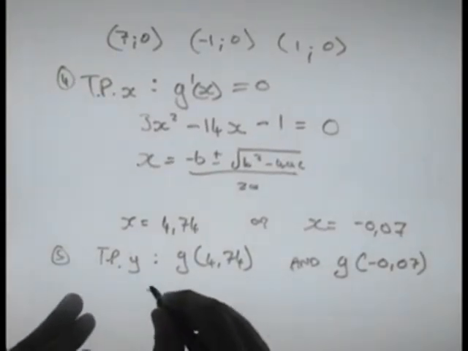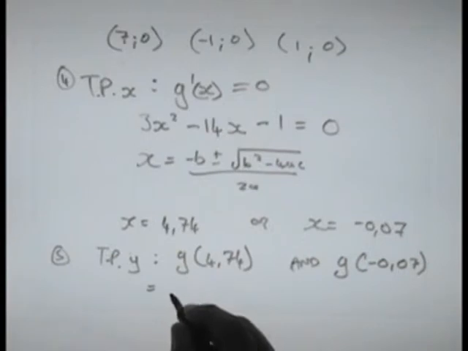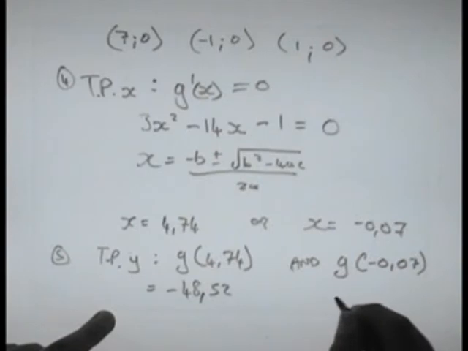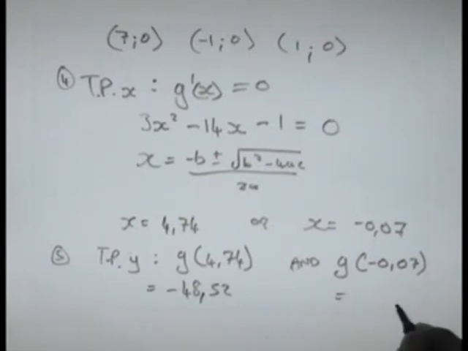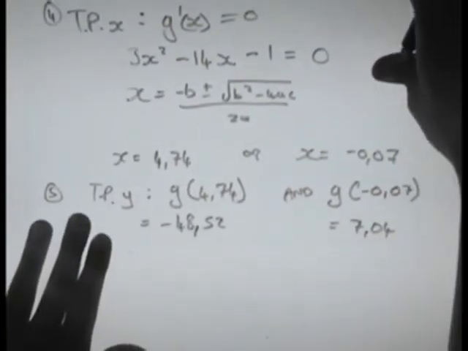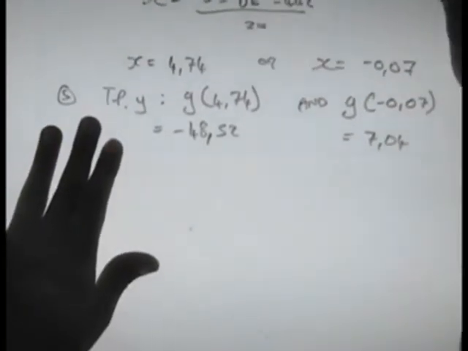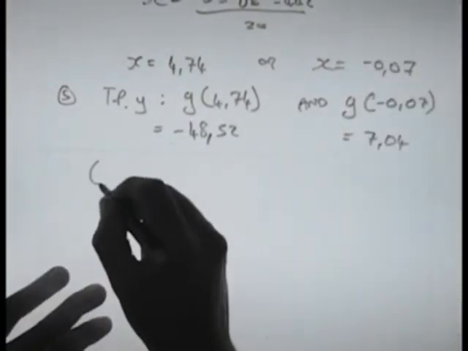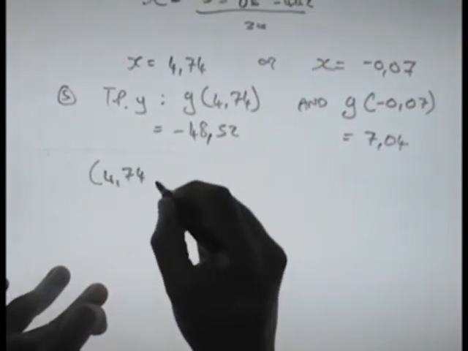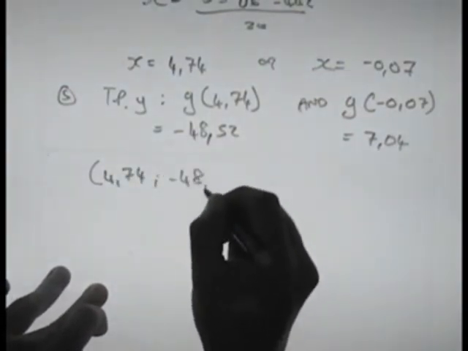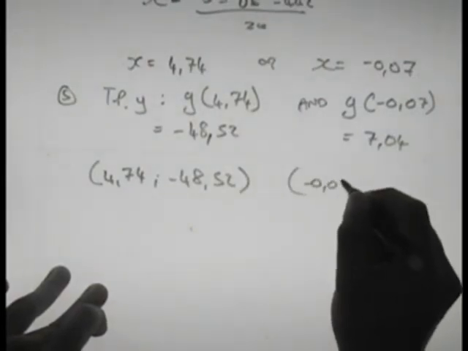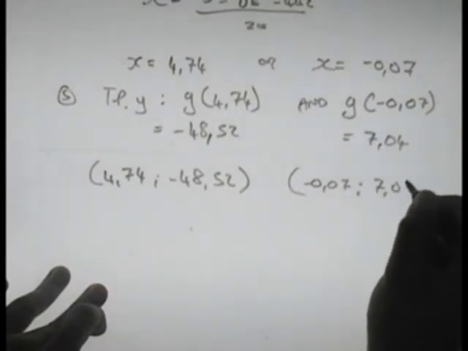G of 4.74 is going to give me an answer of negative 48.52. G of negative 0.07 is going to give me a y value of 7.04. That means that the coordinates of our two turning points are given as 4.74 and negative 48.52. The other point is negative 0.07 and 7.04.